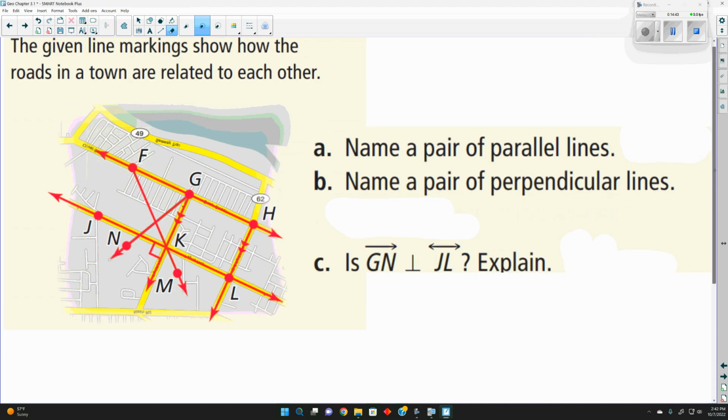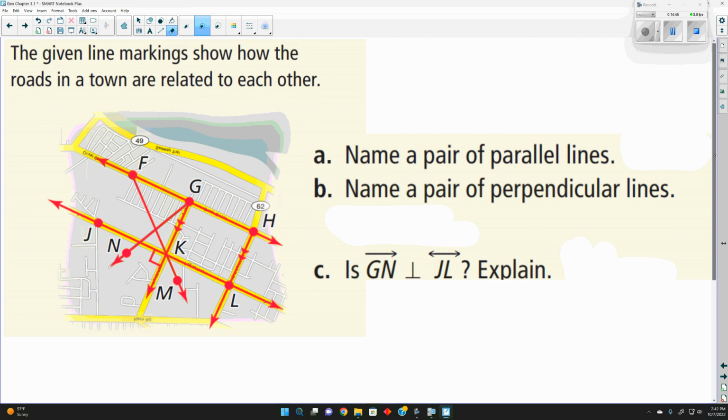Okay. So looking at this here, we want to name a pair of parallel lines. So which two lines are parallel? GM is parallel to... yes, because M is down there.